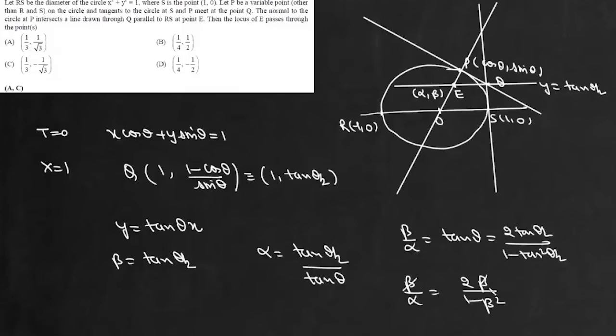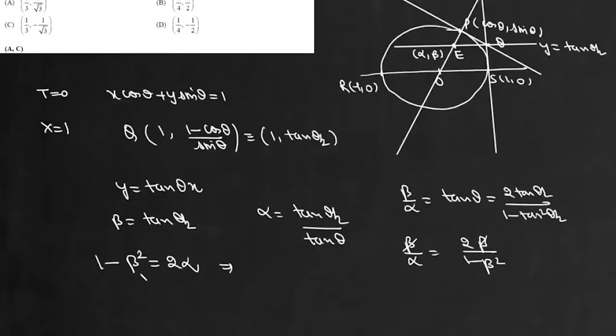Now beta will cancel, so this locus will be 1 minus beta square equals 2 alpha. We'll replace beta with y and alpha with x, then we can write y square equals 1 minus 2x, which is a parabola. So the locus of this point E is this parabola, y square equals 1 minus 2x.